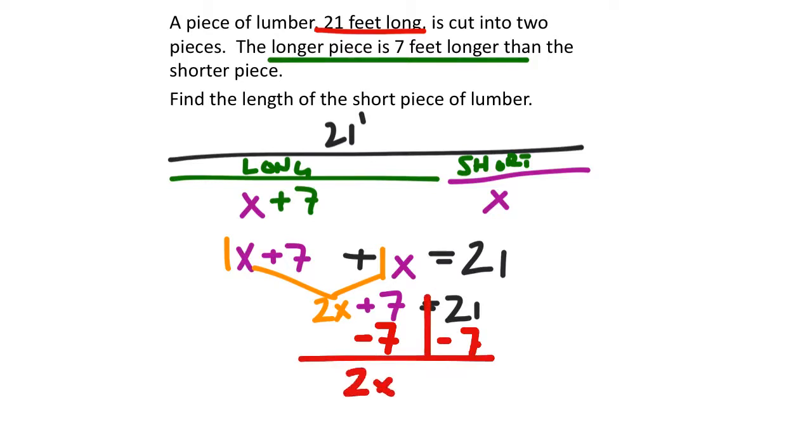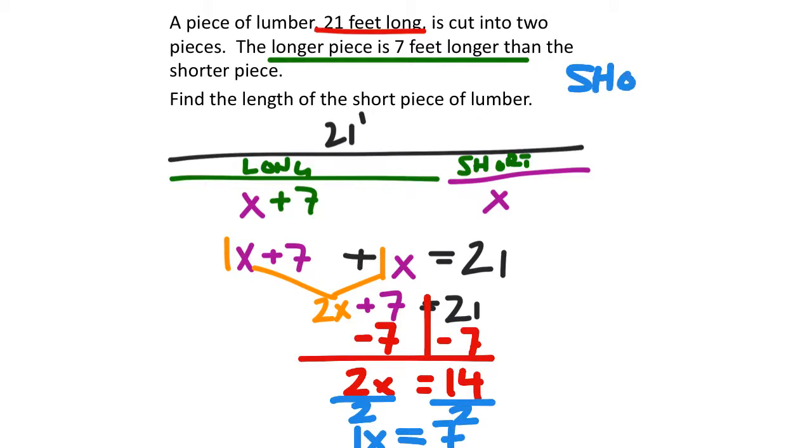So 2x, that would mean two short pieces, because x is the short piece, would be 14 feet. But I want just the short piece for now. So I just want one short piece, 1x. So I'll divide that by 2 to get one short piece, which is 7. So the short piece, we just solved, is 7 feet long.